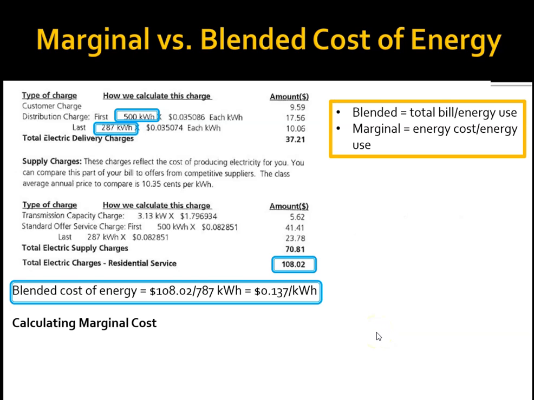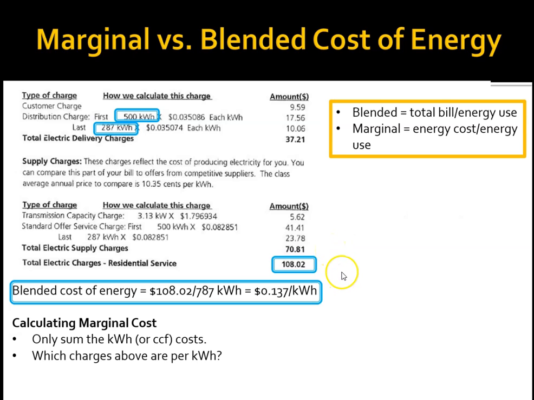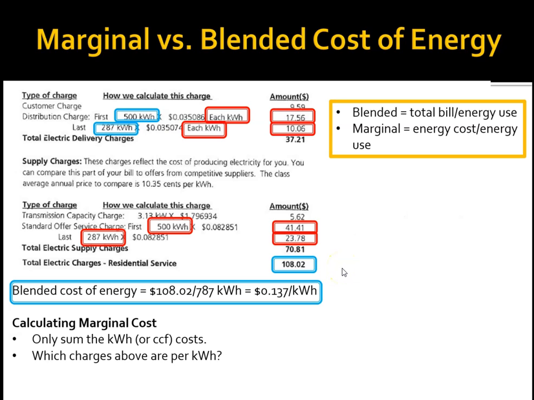So what you want to do is calculate the marginal rate. With the marginal rate, you find the energy cost, or the kilowatt hour cost, or the CCF cost if it's natural gas, and you divide that by the total energy use. So go ahead and press pause and see if you can figure it out here. We got a per kilowatt hour charge here, here, here, here, right?